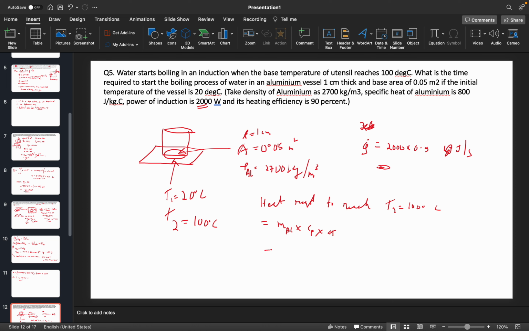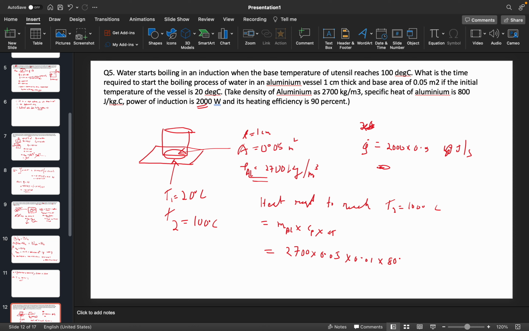Now we can calculate the mass of the aluminum. We know the density, 2700, and we know the volume. Volume is area into thickness, 0.05 meter square and 0.01, so this is my mass. Now Cp of aluminum, is it given? Yes, specific heat of aluminum is given as joule per kg per degree Celsius, or per Kelvin, it is the same because delta T remains the same.